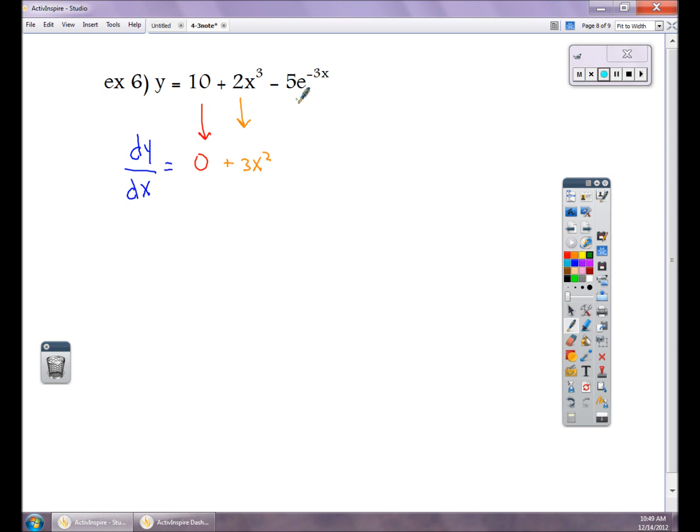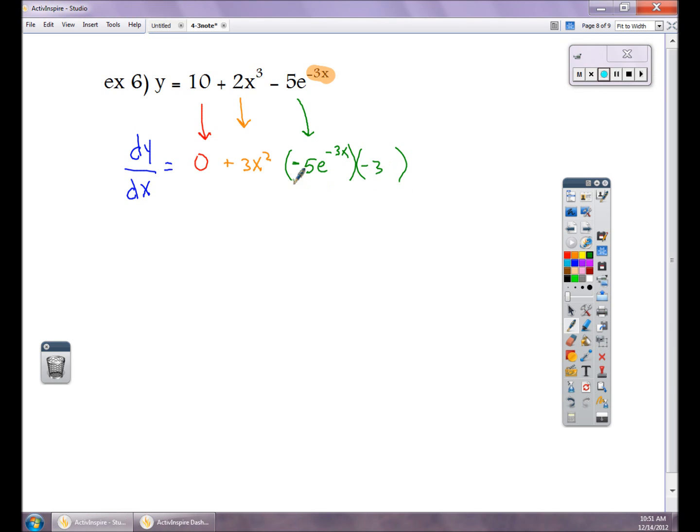And the derivative of negative 5e to the negative 3x, I'm going to have to use the chain rule. The derivative of e to the anything stays the same, but remember I have to multiply this by the derivative of the secondary function, negative 3x.